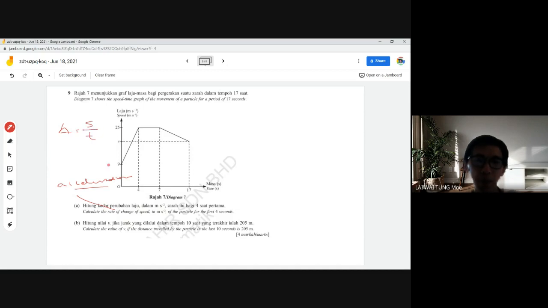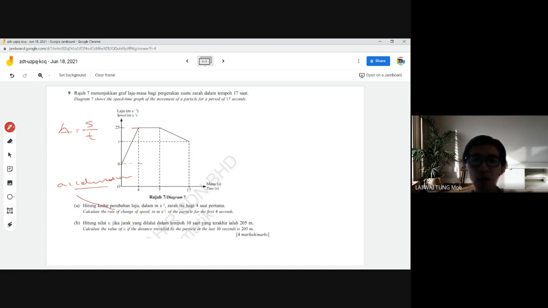Acceleration equals speed divided by time. So for the first 4 seconds, you need to identify the starting speed until the last 4 seconds speed. That is 25 here, and here is 9 for the starting.